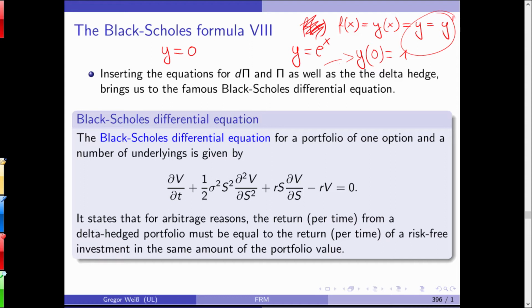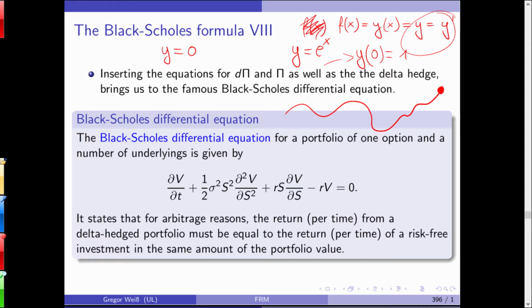And to solve for such a differential equation, you usually require a starting value or a terminal value. In this case, although this is the price of the derivative, we know its terminal value.